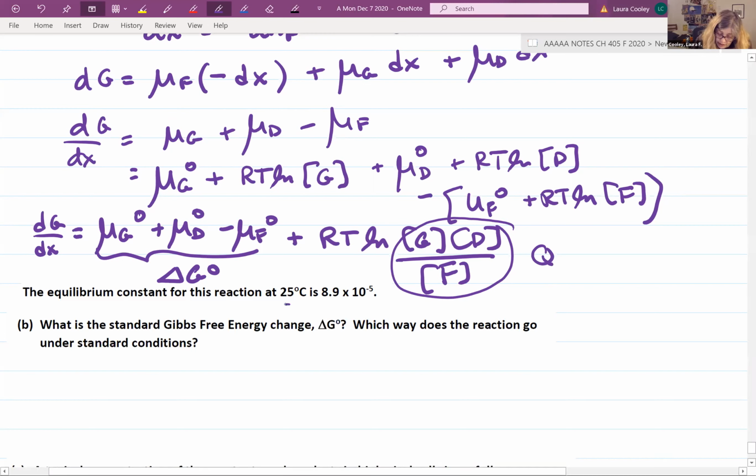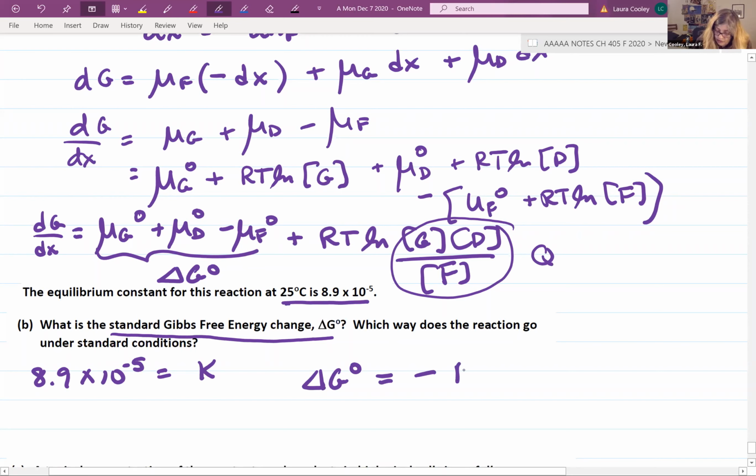Okay, now it tells you the equilibrium constant, 8.9 times 10 to the negative fifth is the K. All right, so then it asks you, what is the standard Gibbs free energy change? Well, this is where we get to use our newly derived formula.